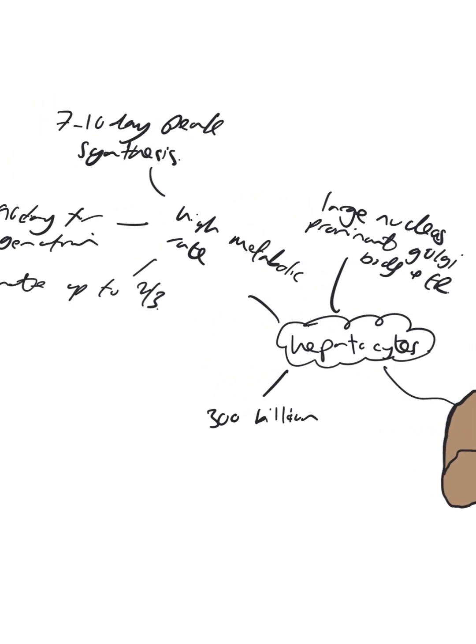Now, interestingly, we have known about this regeneration actually since the ancient Greeks. So if we look at the ancient Greek mythology, we see the story of the punishment by the gods of Prometheus.